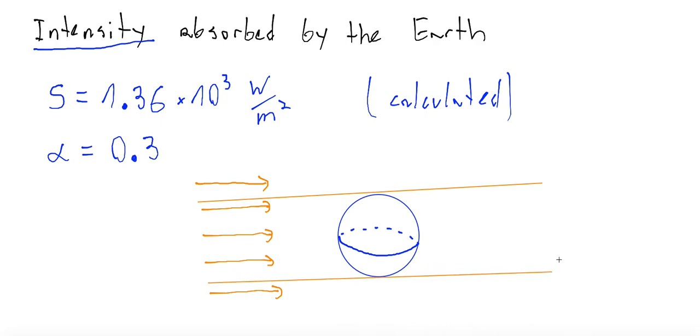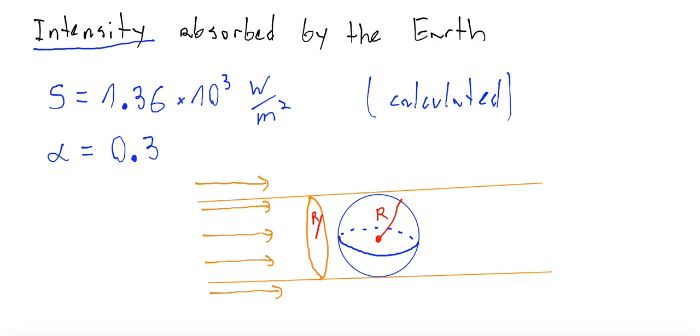So the radiation which is in the cylinder travels through the Earth. From the perspective of the sun, this radiation goes through a circle which has the same radius as the radius of the Earth. I'm talking about the fact that the sun's radiation is absorbed only by the circle of radius of the Earth.